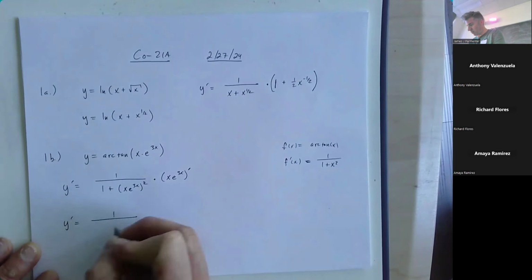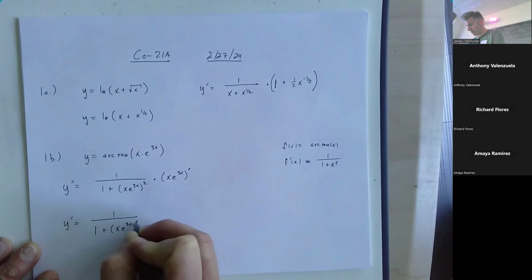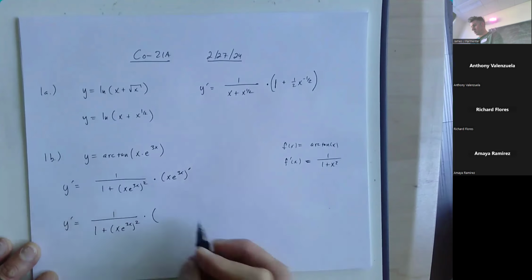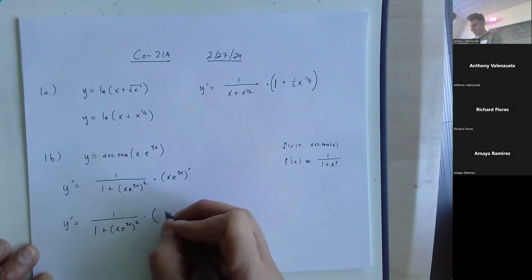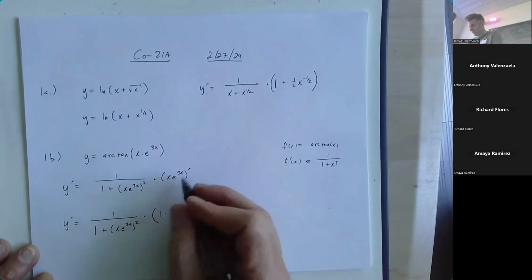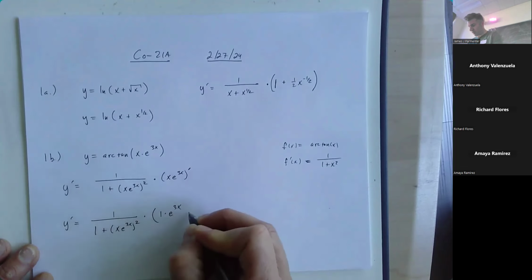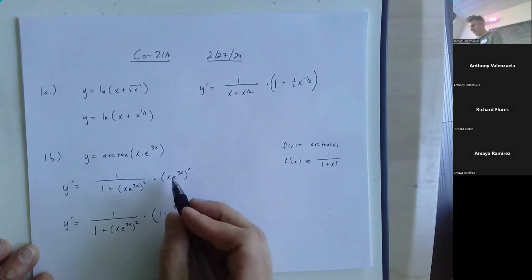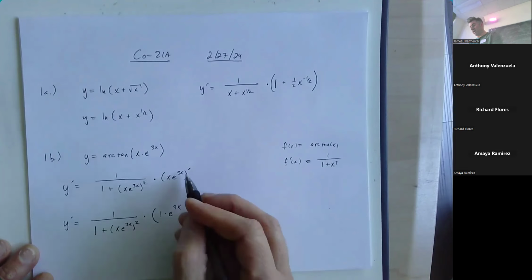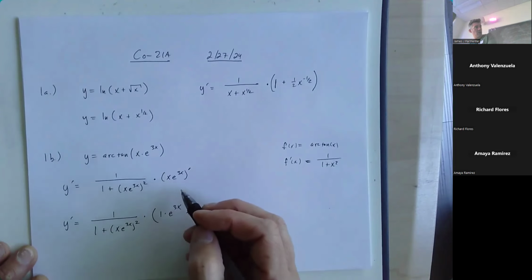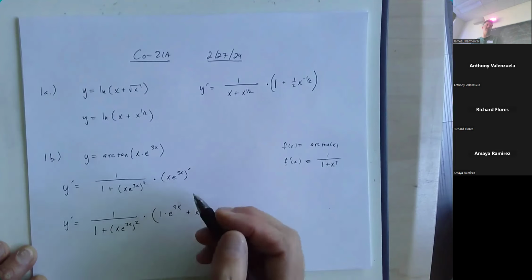So you have 1 over 1 plus x e to the 3x squared times, now we're going to use the product rule. The derivative of x is 1. We'll leave e to the 3x alone. Plus, then we switch it. You leave the x alone. The derivative of e to the 3x also requires a chain rule. So not also, I guess we do a chain from the beginning.